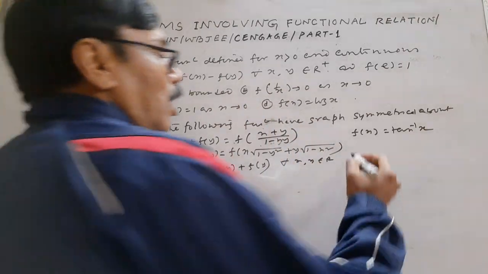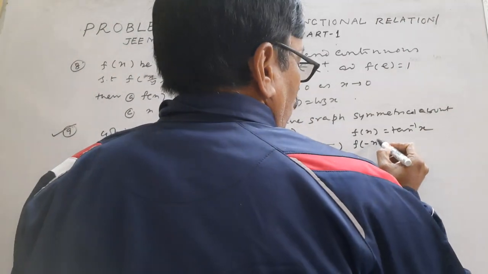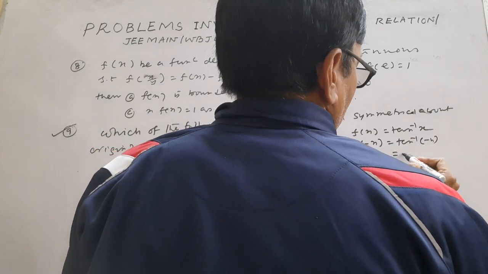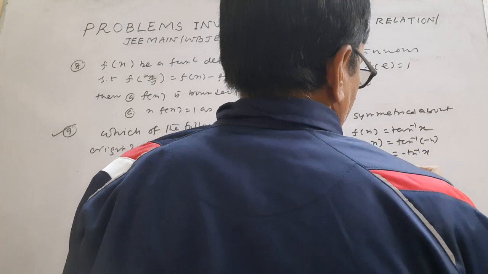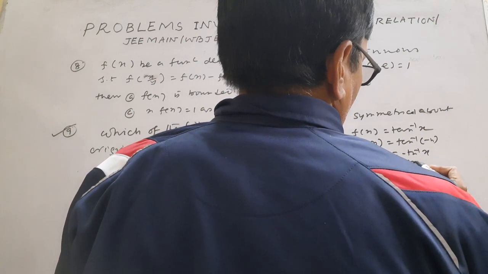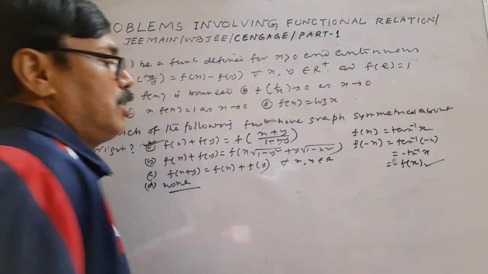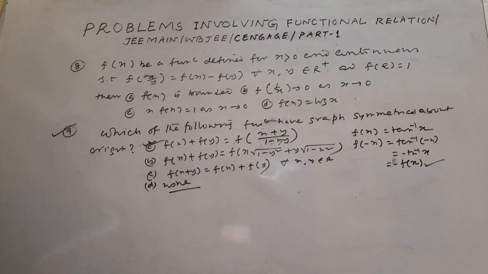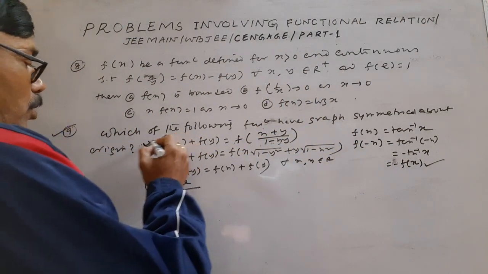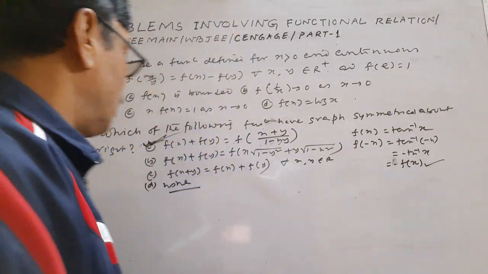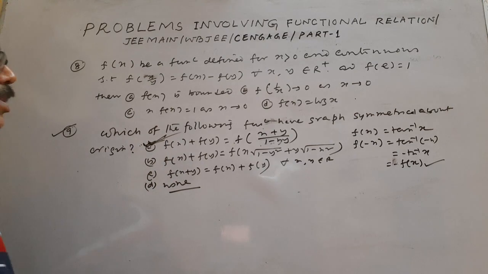Now f(-x) = tan inverse(-x) = -tan inverse x = -f(x), so this is an odd function. That is, it is symmetric about origin. So the first one is symmetric about origin.